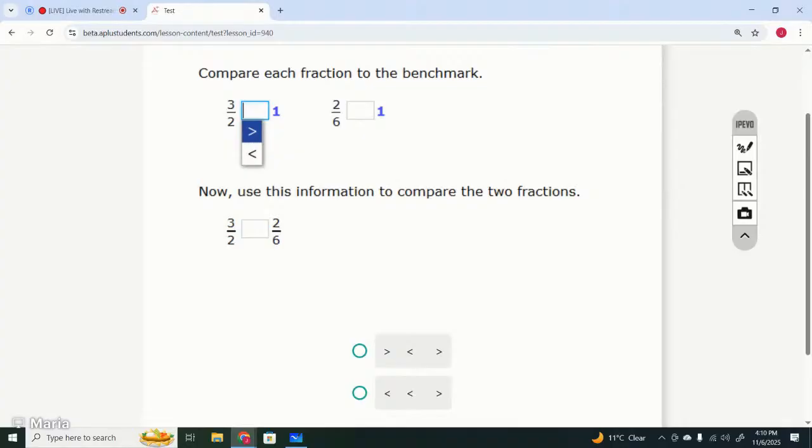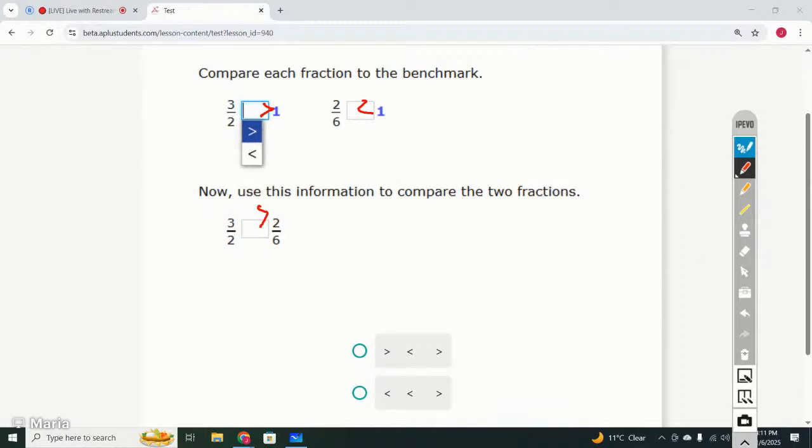Compare each fraction to the benchmark. 3 by 2: the numerator is greater than the denominator, right?